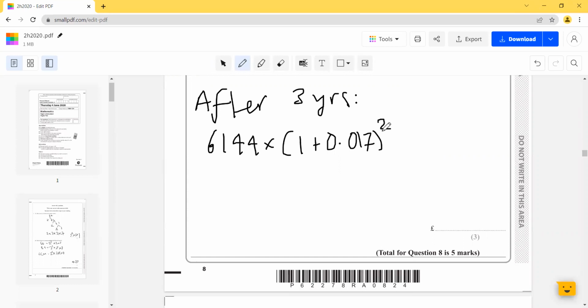So let me calculate the value of this, and it's 6,354.671616. So it is £6,354 and 67 pence.